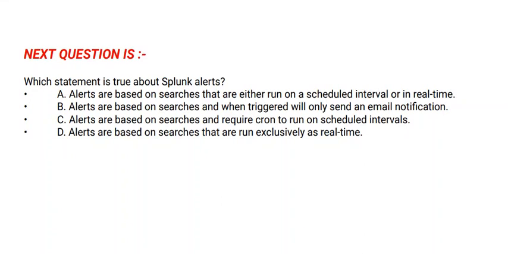Option C, alerts are based on searches and require cron to run on scheduled intervals. And option D, alerts are based on searches that are run exclusively as real time. The correct option is option A.